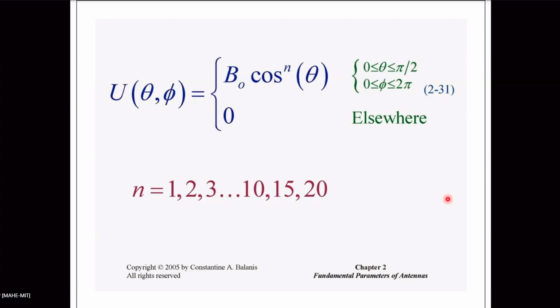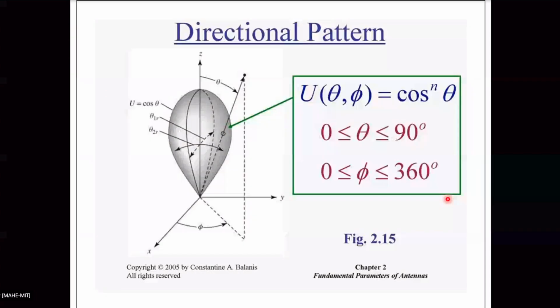So cos to the power of n theta. If you want to find the half power beam width, at the half power points, cos n of theta h will be equal to half. So you have to solve like that. I'll go to the next slide.